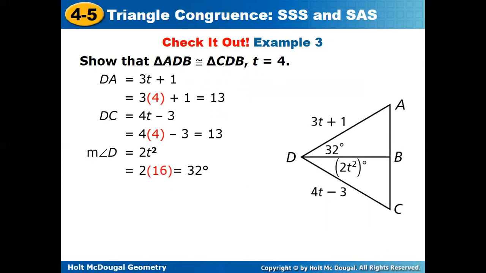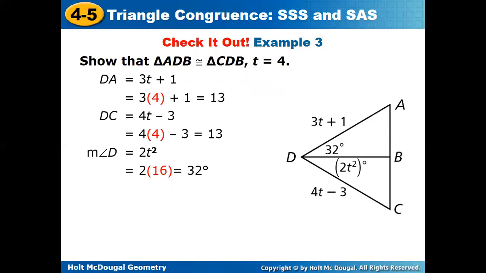Then DC equals 4t minus 3. We substitute the value of t, so it will be 13. Measure of angle D is 2 times t squared. Then we substitute the value of t: 4 squared equals 16. Then 2 times 16 equals 32.